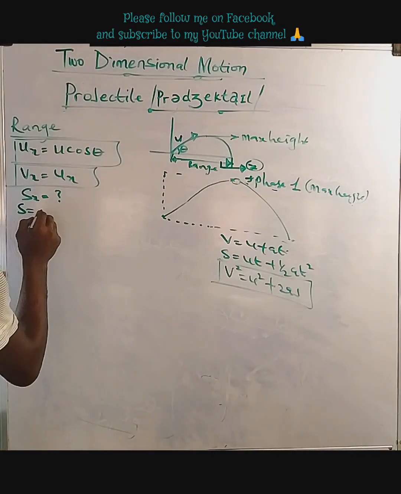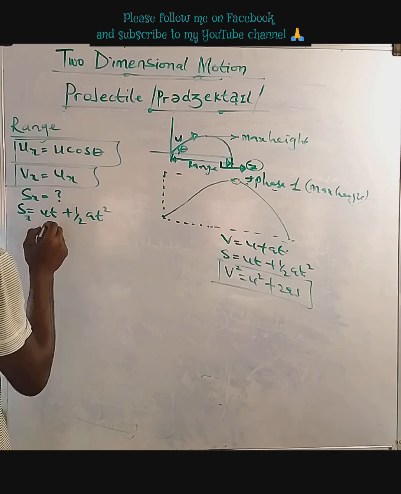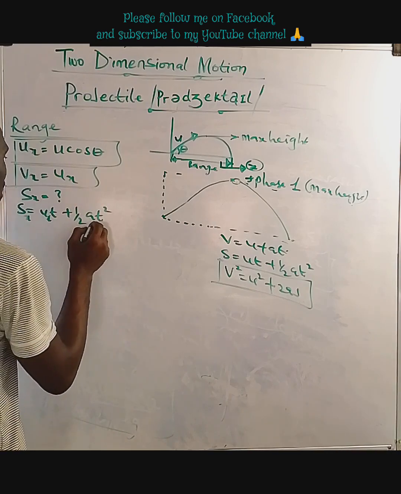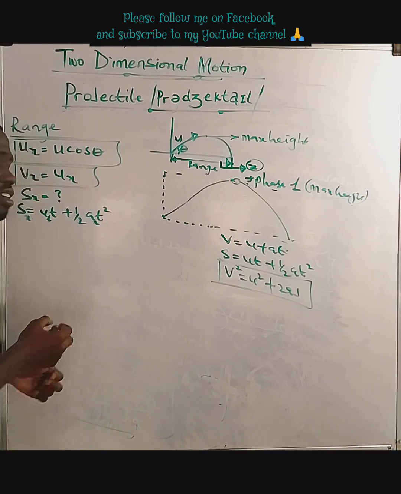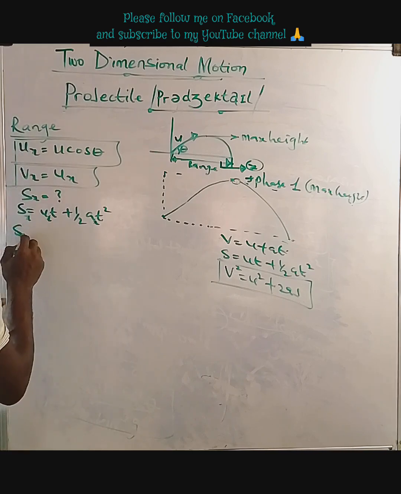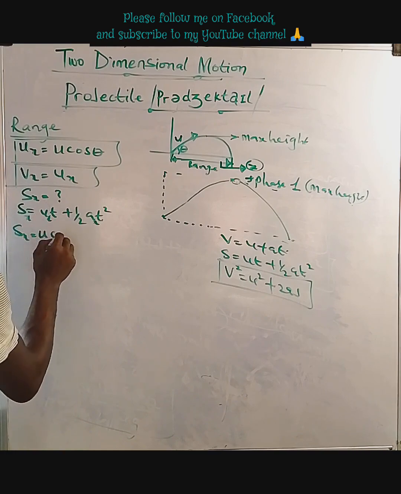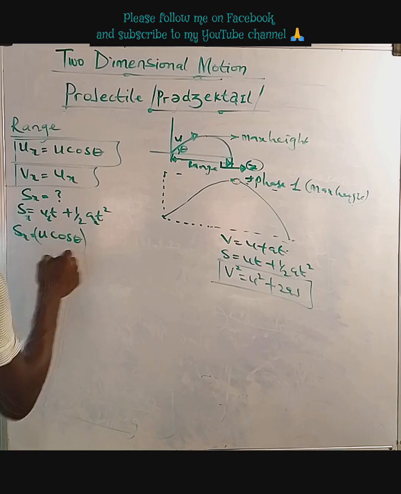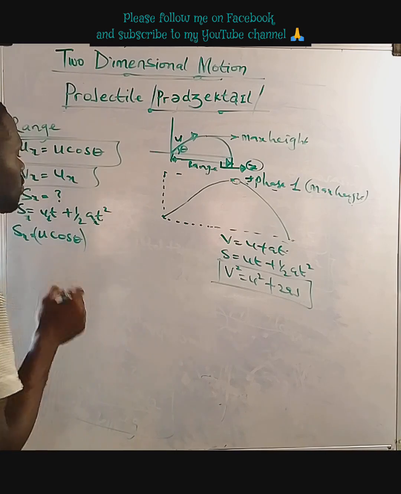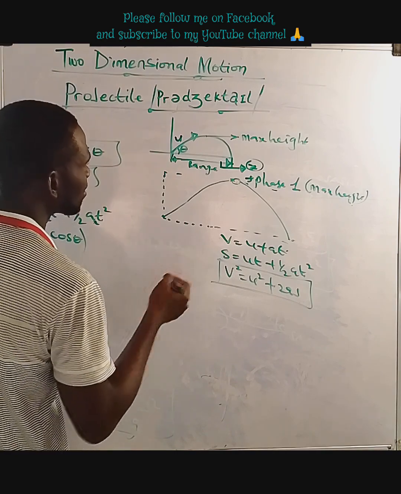S equals ut plus half at squared along the x-axis, with acceleration along the x-axis. Time has no business with x or y because it's a scalar quantity. So we are looking for the range x. The initial velocity along the x-axis is u cos theta. Now the time we're going to use is the time of flight. What did we get as our time?